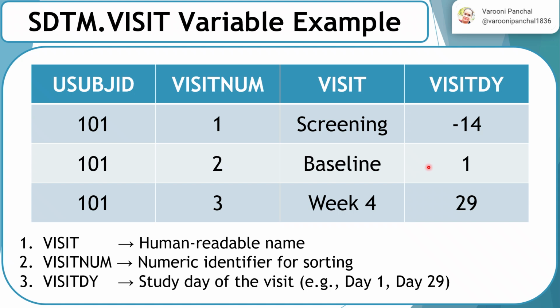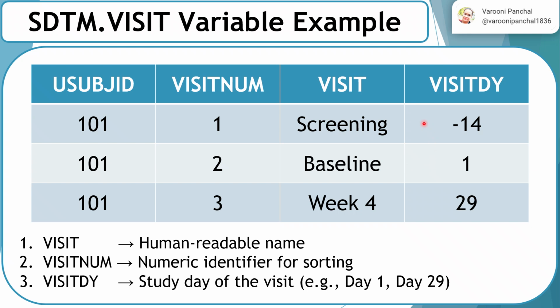So post baseline and pre-baseline. Before consuming a specific treatment or that specific medicine, that is my baseline, and after we consume that particular treatment, all those visits are post baseline. So in those scenarios, the baseline represents 1.